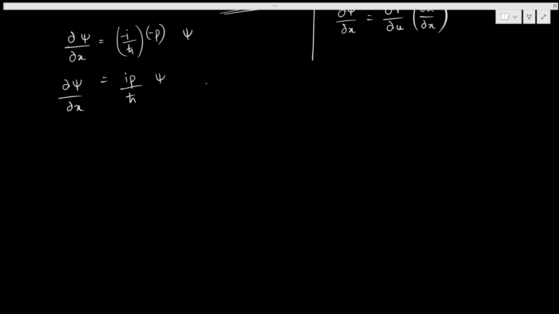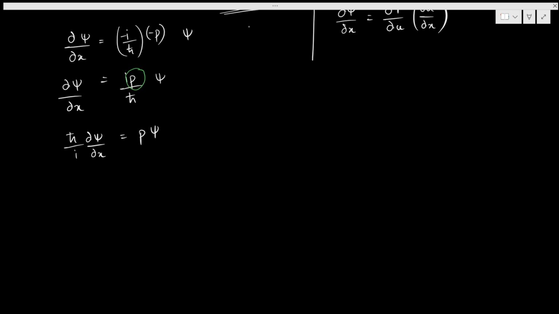So we're just going to take everything else to the other side so that the only value left on the right hand side is p, because remember, that's what we want. We want the eigenvalue to be only p. So taking this to the other side, you have h cross by i partial derivative with respect to x is equal to p psi. We're almost done here.